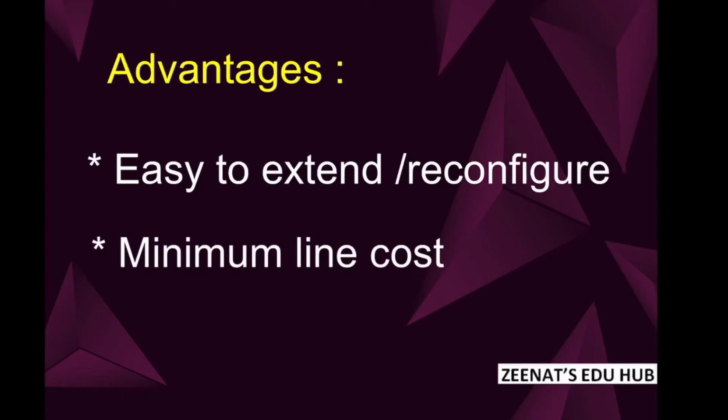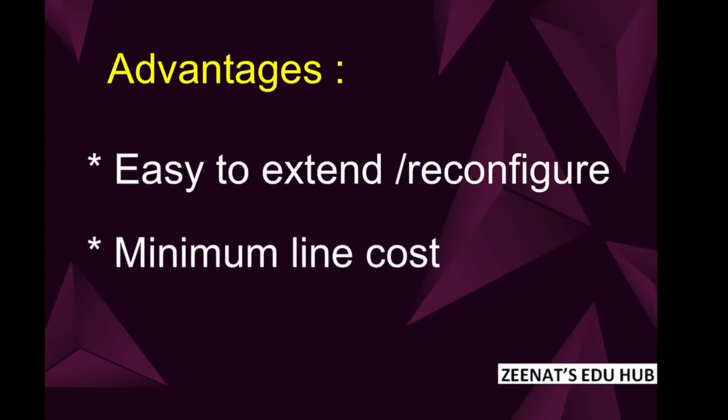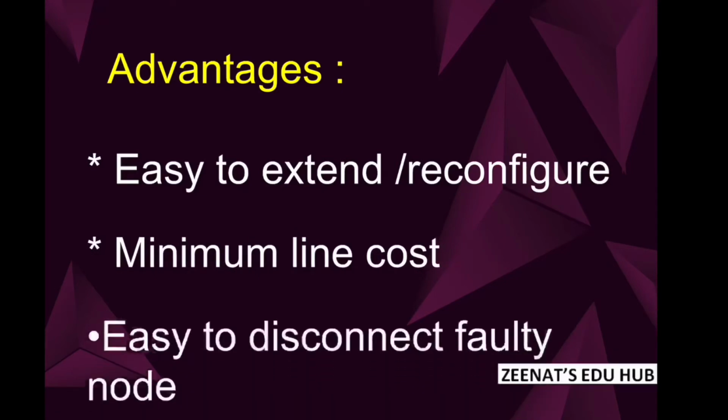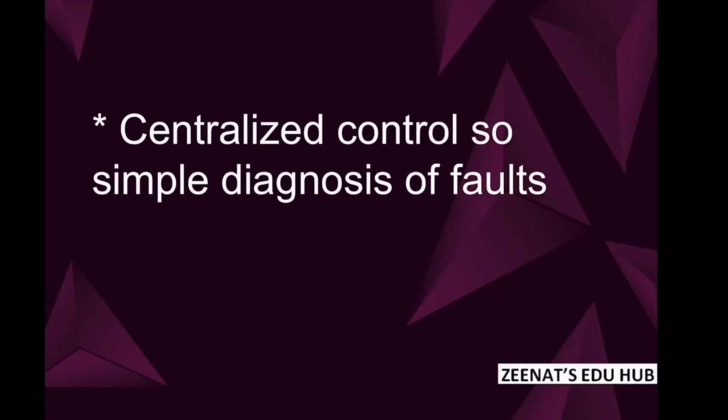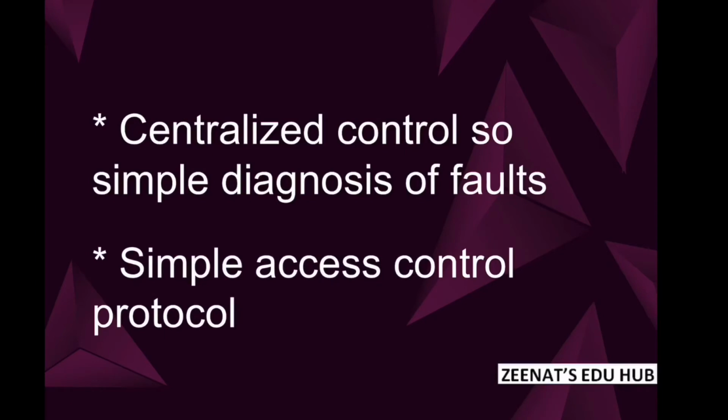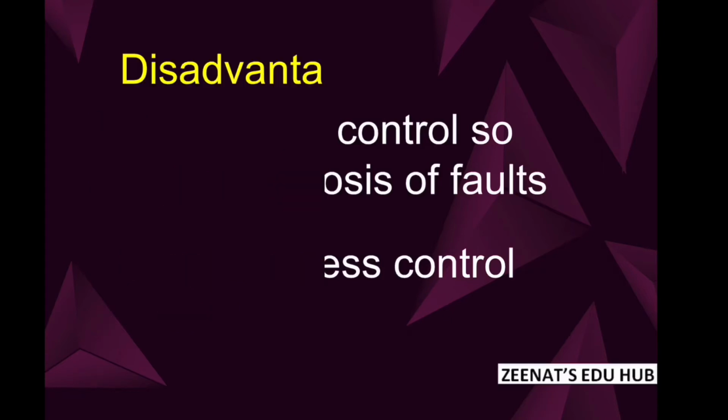Line cost is minimum. It's easy to disconnect the node having failure from the functional network. Control is centralized, so faults can be detected easily. In this, the central node has control of the transmission, so access protocols are very simple.